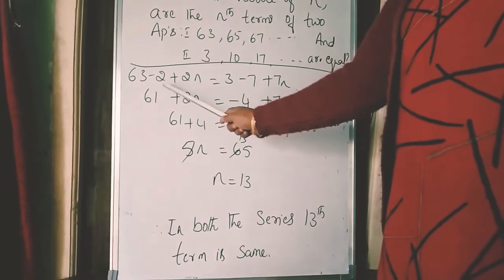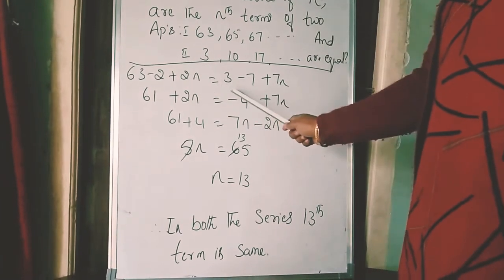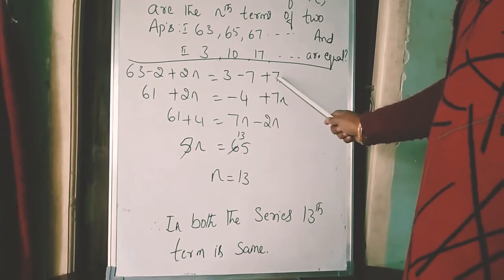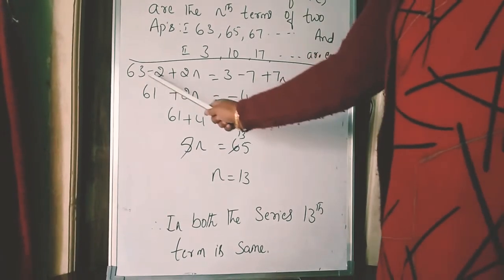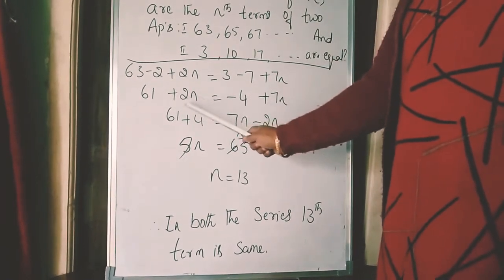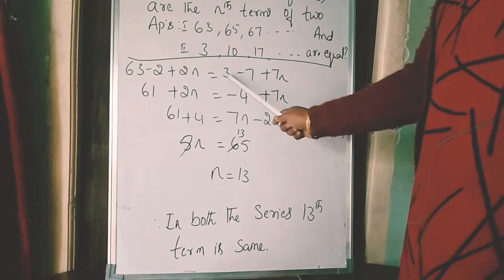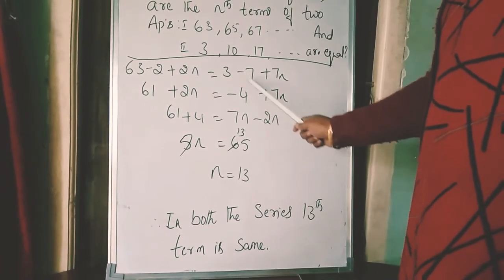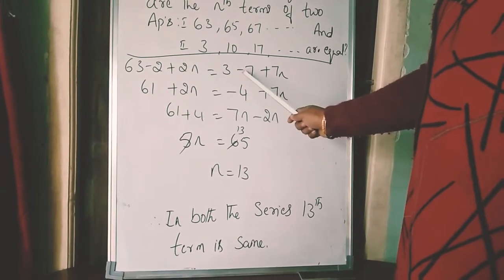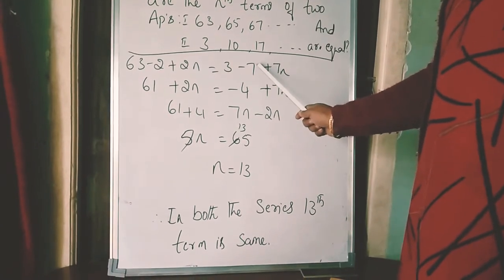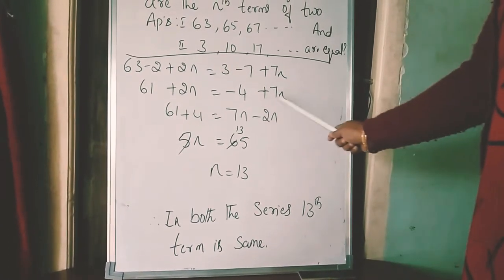63 minus 2 plus 2n is equal to 3 minus 7 plus 7n. 63 minus 2 is 61 plus 2n. This we can't combine, so keep as it is, equal to 3 minus 7 is minus 4. Children, here don't miss the negative sign, because the bigger number's sign is minus, plus 7n.